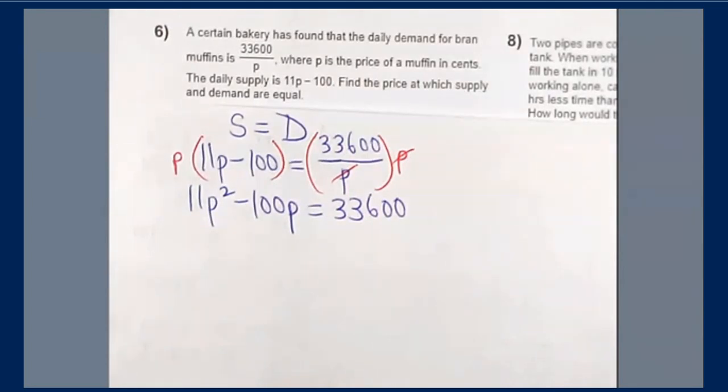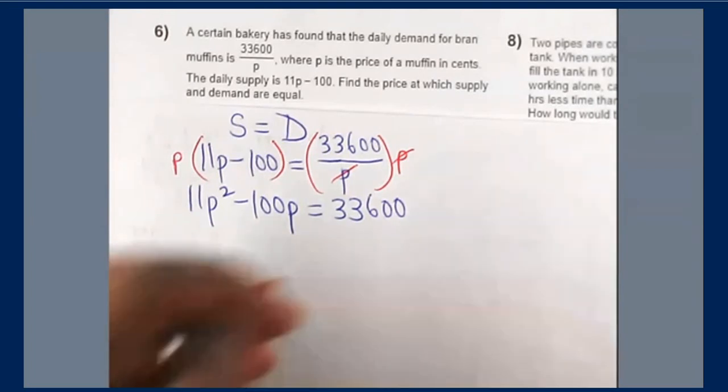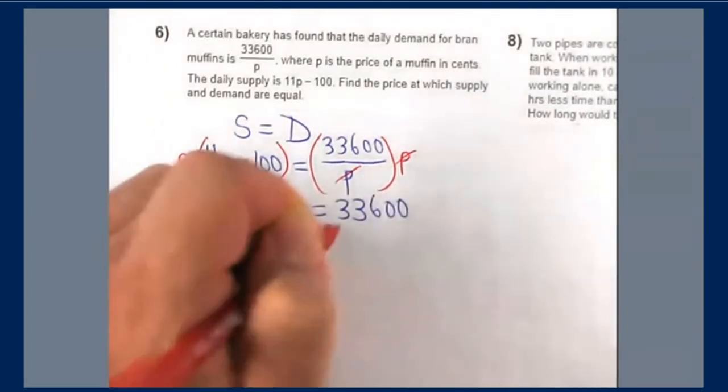Now, in order to solve this quadratic equation, move all of your terms to one side so you have a 0 on the other side. So we'll subtract 33,600 from both sides.